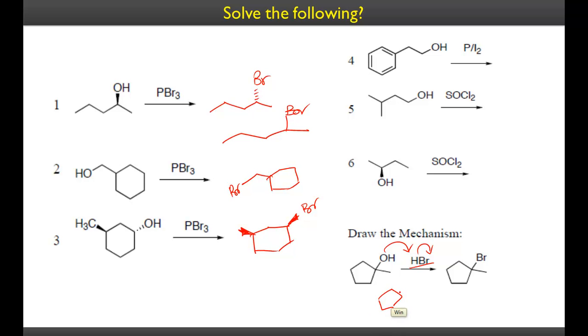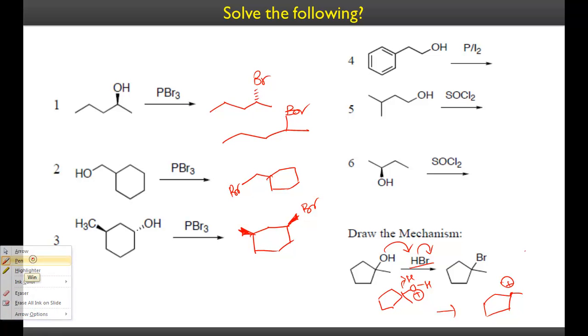As a result, you draw the first intermediate, that is oxygen attached to two hydrogens, and as a result, this can leave and form a carbocation. Something is wrong with this pen. Anyhow, the carbocation has formed, and that carbon is directly attached to that carbon. This is the carbocation, and now the bromide, whatever comes from here, will come back and attack either from the bottom face or from the top face. That's the problem of the carbocation.